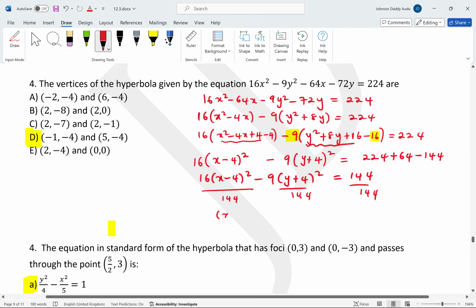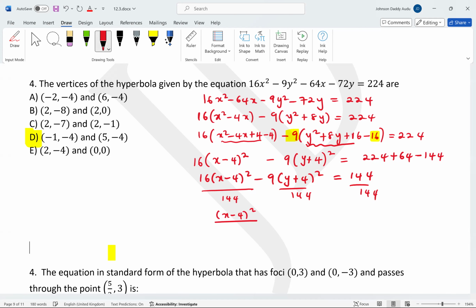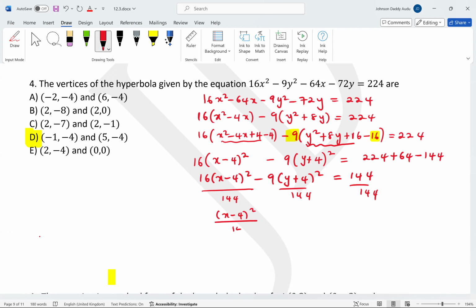So you will have x minus 4 squared over 144, we can divide it by 16, minus y plus 4 squared over 144 divided by 9, and this will be 1. So 144 divided by 16 should be 9, right?